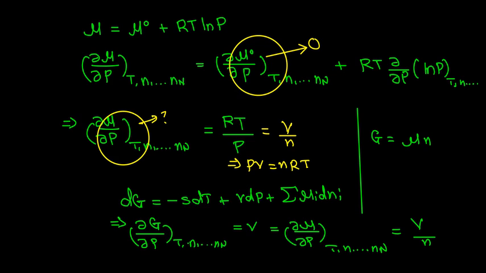So therefore I can say that this framework, the chemical potential framework, actually is correct. Therefore, whenever we have to use the ideal gas description, we will simply use mu equals mu naught plus RT ln P.